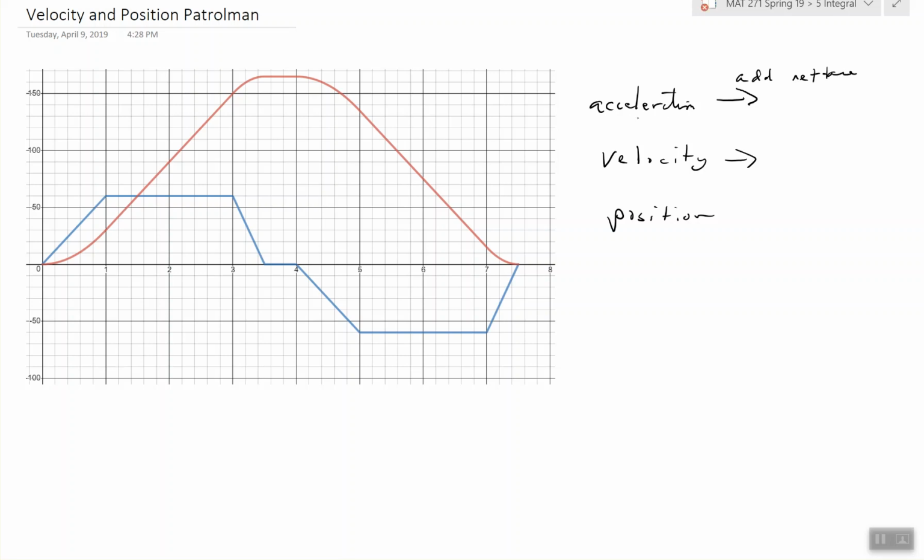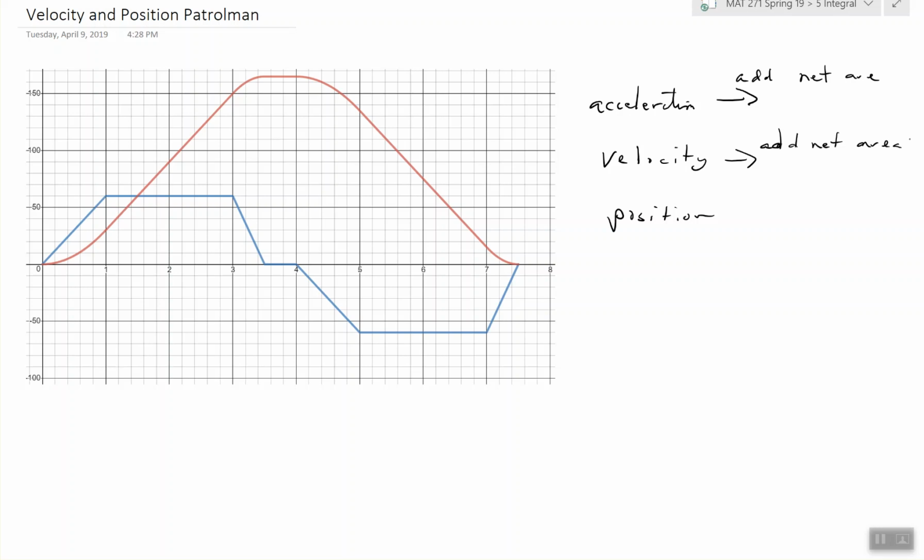We go from acceleration to velocity by adding the net area. We went from velocity to position by adding net area. Okay, so wow, that's really cool.